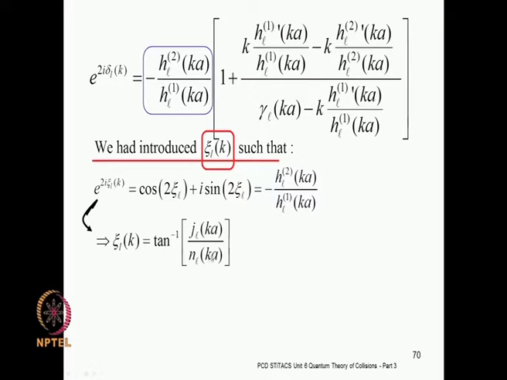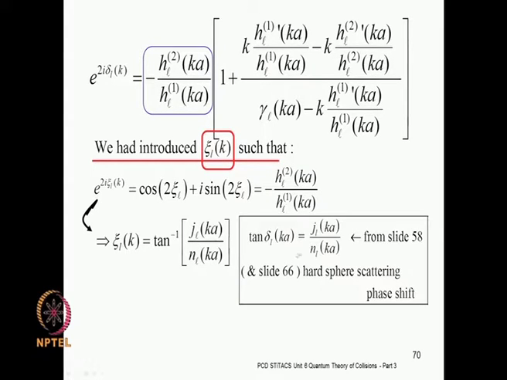And what is this quantity? Tan inverse j over n is nothing but the phase shift coming from the hard sphere, so the tangent of the hard sphere scattering.